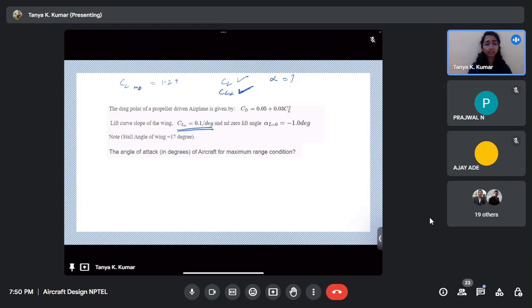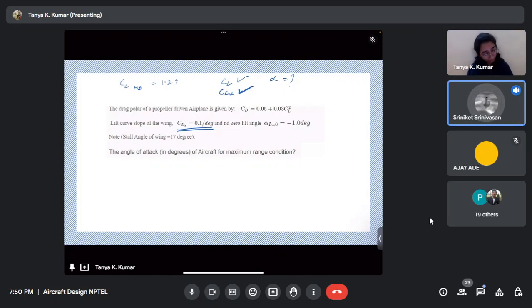It was one of the most basic equations that we discussed in this lecture, I think the first equation. You have the lift coefficient, you have the lift curve slope, you need to find angle of attack. What equation connects all these three? What is the equation for CL of an airfoil?